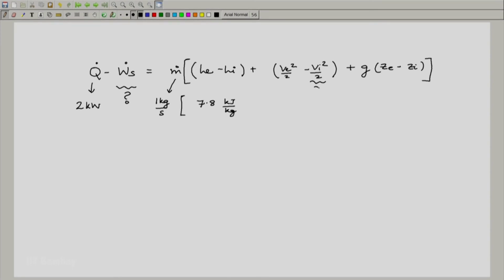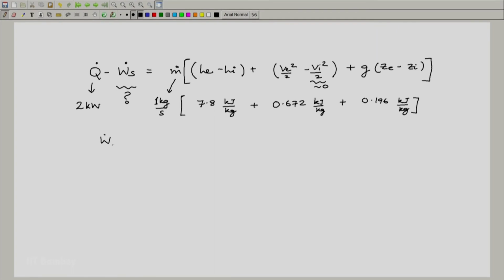Here Vi is negligible, so Ve squared by 2 minus Vi squared by 2 is nothing but Ve squared by 2, and we found that this is 0.672 kilojoule per kg, and g times Ze minus Zi we found out was 0.196 kilojoule per kg, and luckily we are just multiplying this by 1 here.